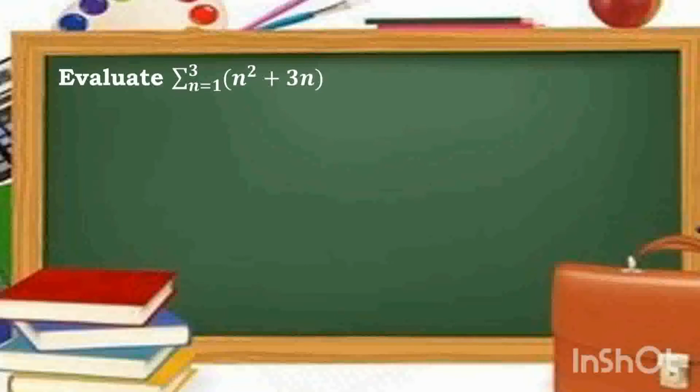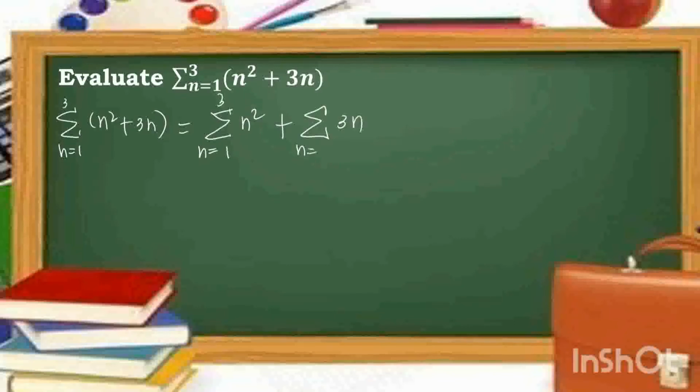So let's consider n squared plus 3n as the sum of two functions f of x and g of x. So the summation of n squared plus 3n as n goes from 1 to 3 will become the summation of n squared as n goes from 1 to 3 plus the summation of 3n as n goes from 1 to 3.